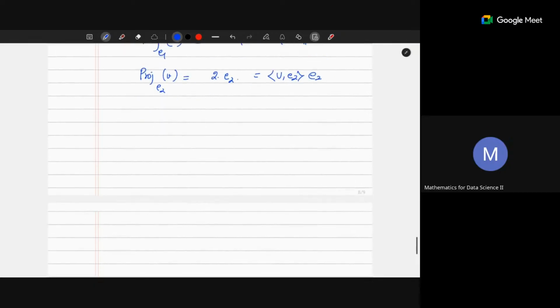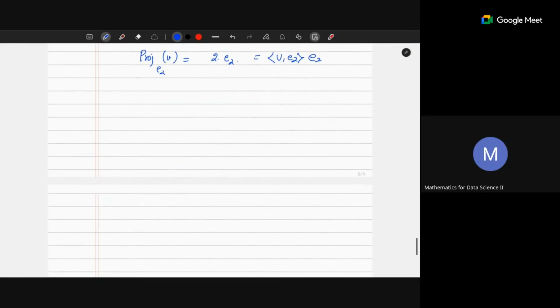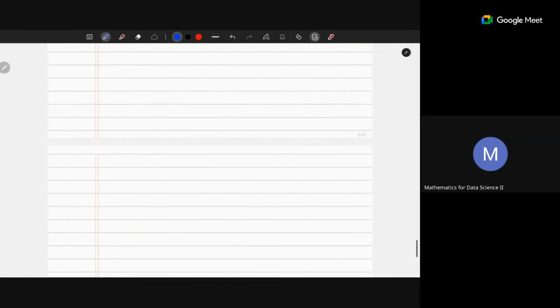So let's say this is the (2, 1) vector, and this is (0.7, 3). Now I want to project this vector. Call this vector W and the vector below B. I want to project this vector W onto vector B.